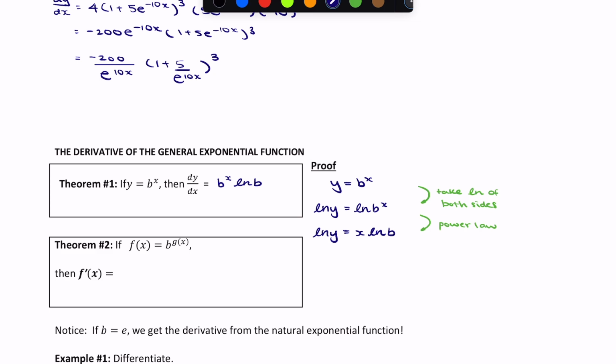And here we can differentiate implicitly. If we differentiate implicitly, we'll get 1 over y dy over dx is equal to ln b.